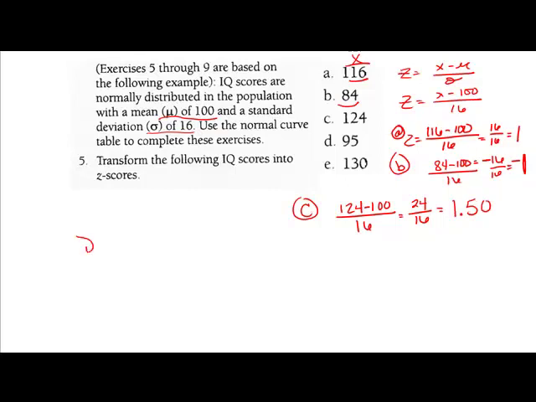Let's do D. 95 minus 100 divided by 16 equals a negative 5 divided by 16. I'm going to need to get the calculator out for that one. Negative 5 divided by 16 equals, now I got one of these silly calculators where I got to put the parentheses around the negative 5.